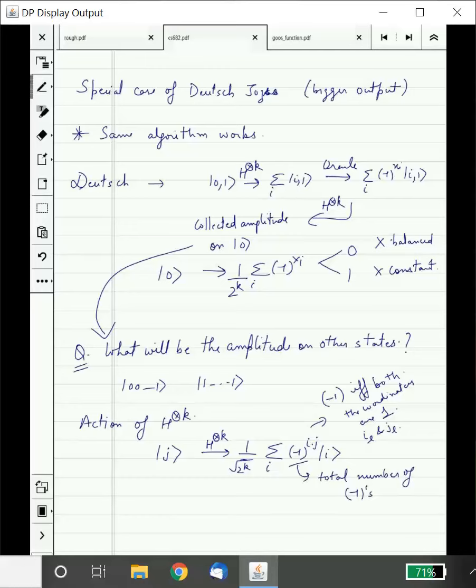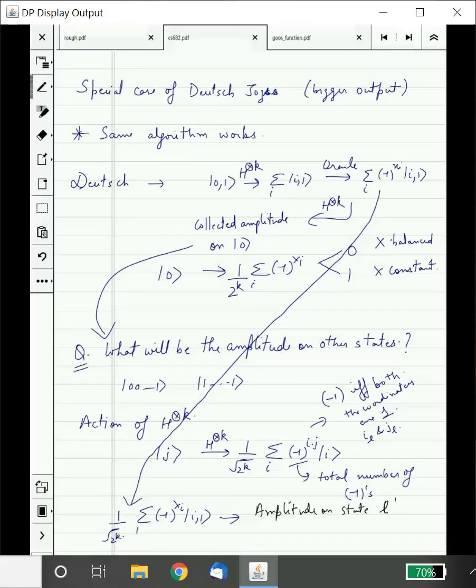Knowing this, it is easy to figure out the amplitude of other states. Remember, my state was this. If I want to be precise, I will write a normalization condition, and then the amplitude on state L is going to be this.